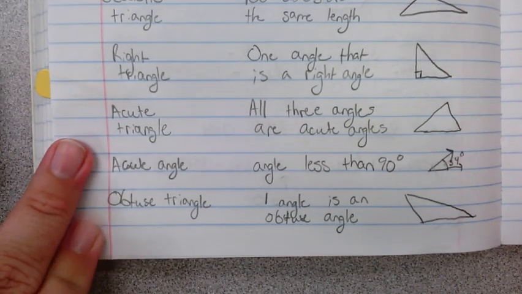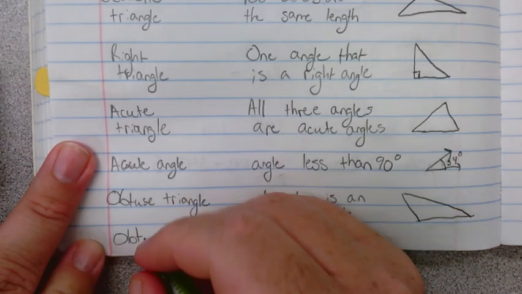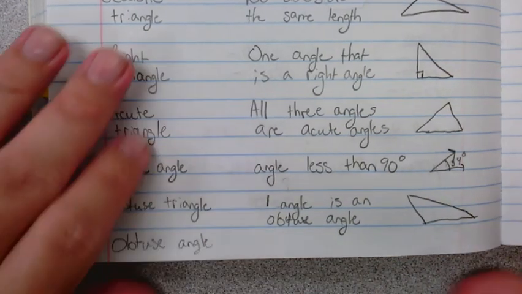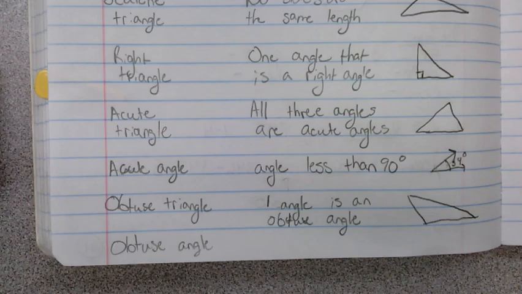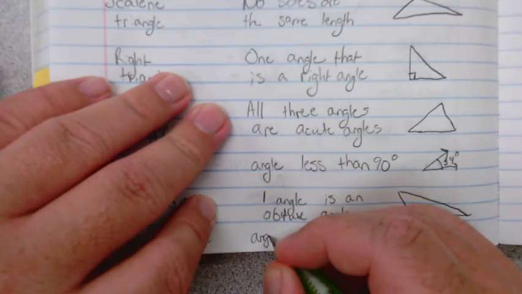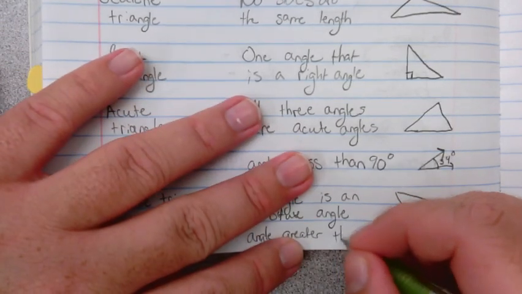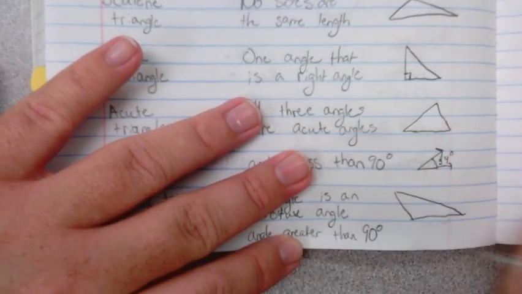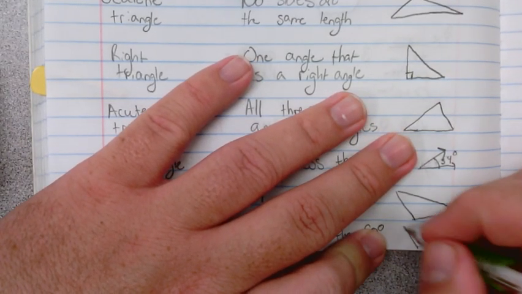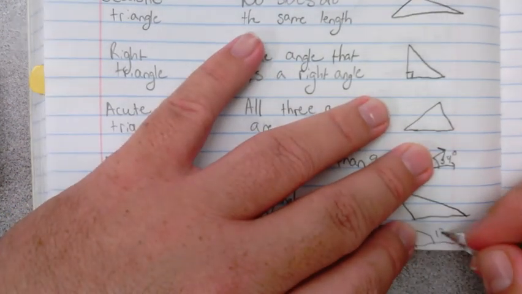And what obtuse angle means is simply that, man, I'm all the way down at the bottom. Guys, if you have to go on to the next page, that's fine. An obtuse angle means that the angle is greater than 90 degrees. I have a staple there, it's messing me up. 130 degrees.